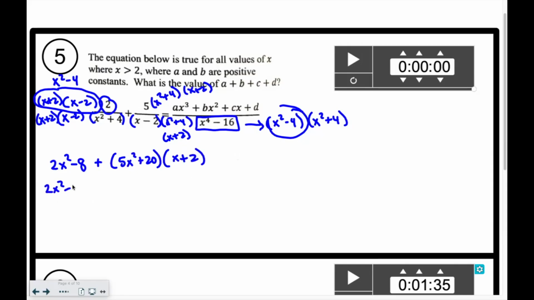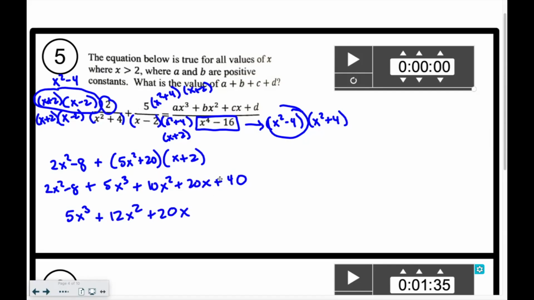So I get 2x squared minus 8. Then I have 5x cubed plus 10x squared plus 20x plus 40. And then combine like terms. 12x squared. I have just a 20x by itself. And then I finally have a plus 32.